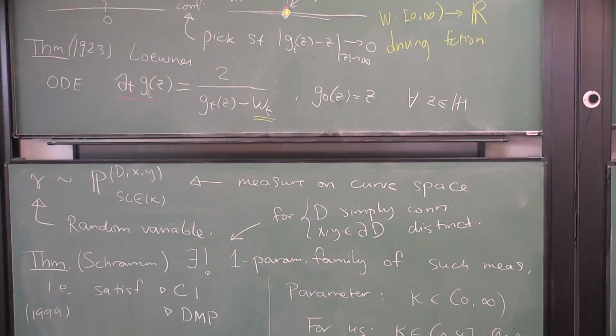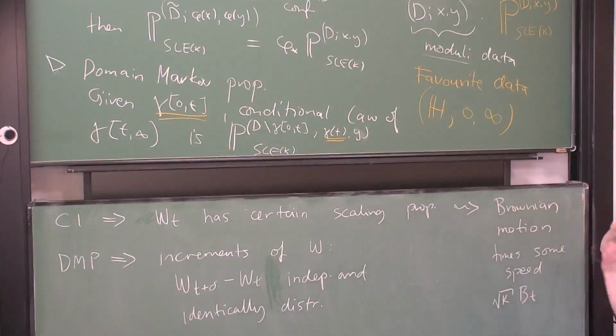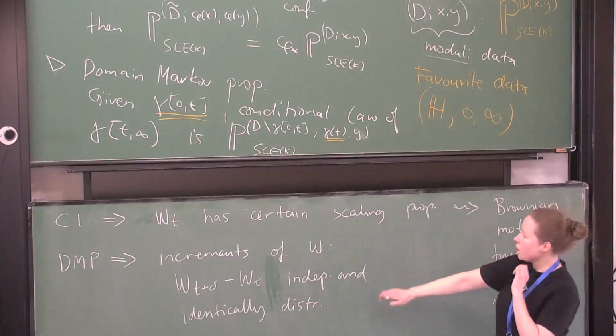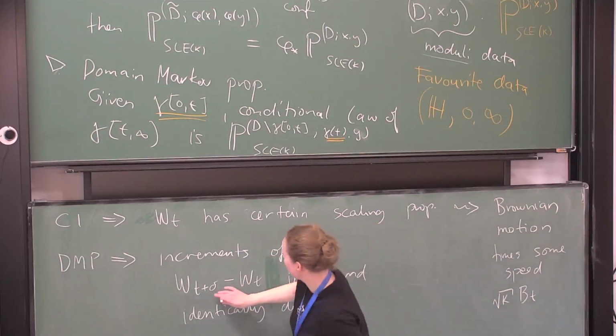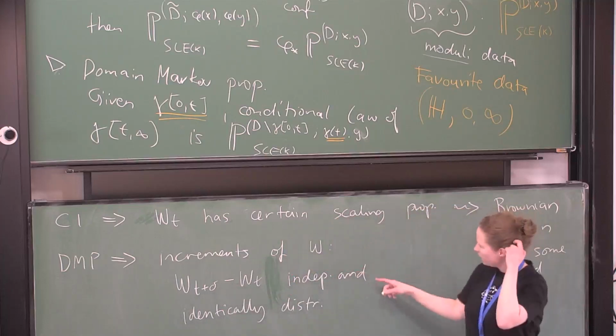Okay, if you don't know these words, don't worry. It's relatively basic probability stuff. But the point is that standard Brownian motion has independent and identically distributed, maybe with time given delta. Okay, independent and stationary increments.